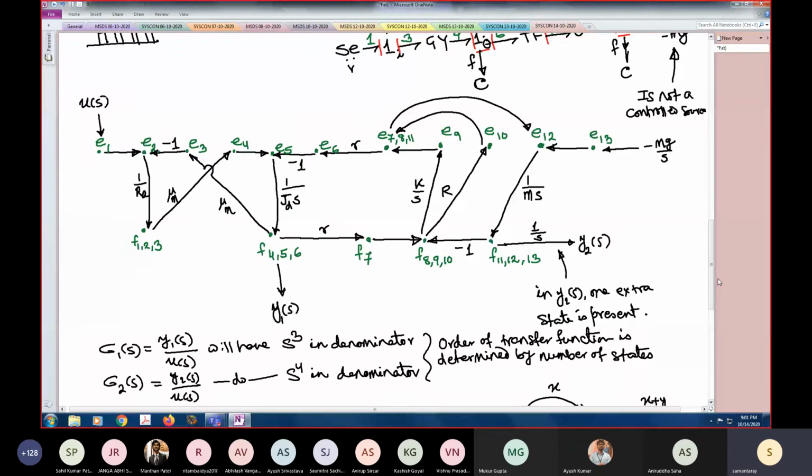These two are parallel in same direction. So we will just add those gains. My new gain will be K by S plus R, which I can simplify to K plus RS by S. So I will directly connect F8, 9, 10 to E7, 8, 11 by K plus RS by S.